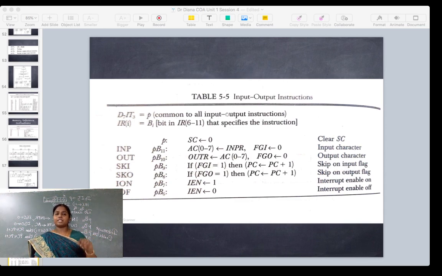So an interrupt is a signal which is sent to the CPU to interrupt its activity. When the CPU receives an interrupt signal, it stops whatever program it is doing and then goes and attends to another program.